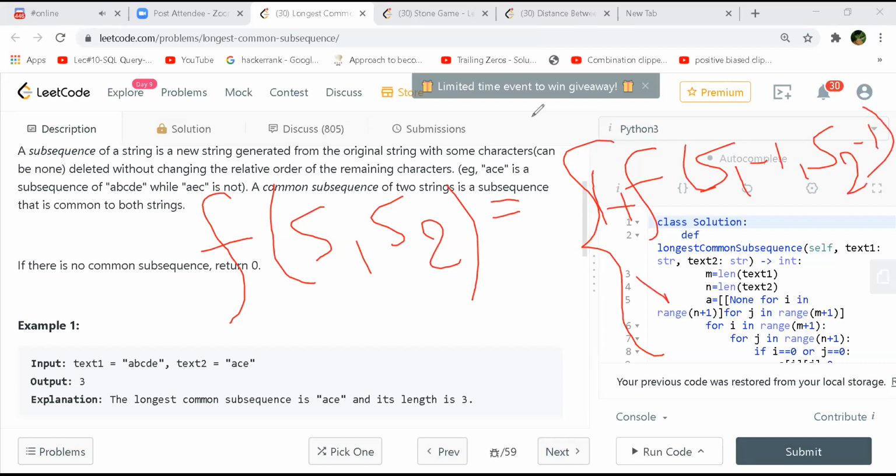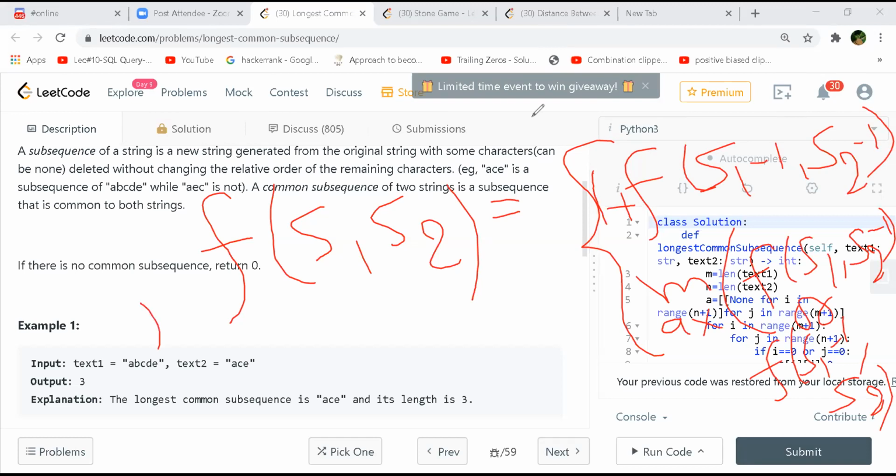Otherwise, max of f of S1, S2 minus 1, or f of S1 minus 1, S2. I'm doing it from the backside. So you are trying to establish a recurrence relation for this.